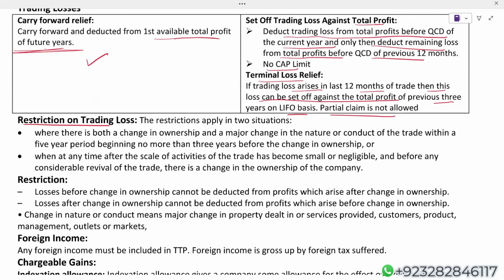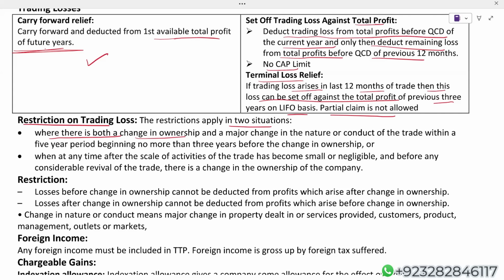The restriction applies in two situations. The important point is if the restriction is applicable, then you won't be able to utilize the losses. How? Let me explain. Where there is both a change in ownership, meaning the parent has changed, and a major change in the nature or conduct of the trade.